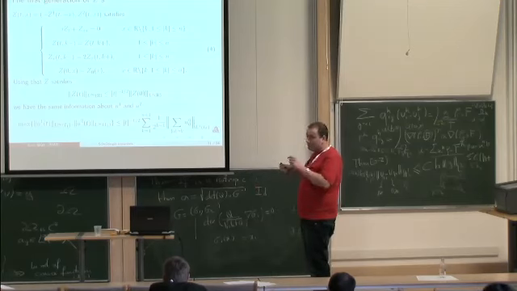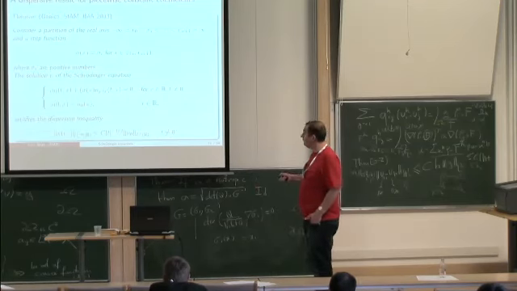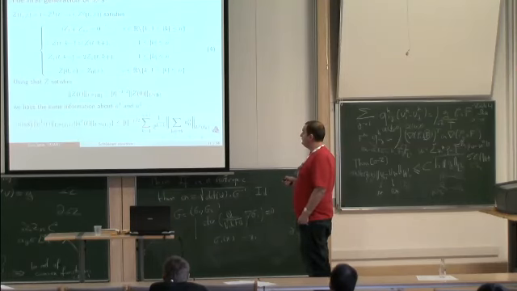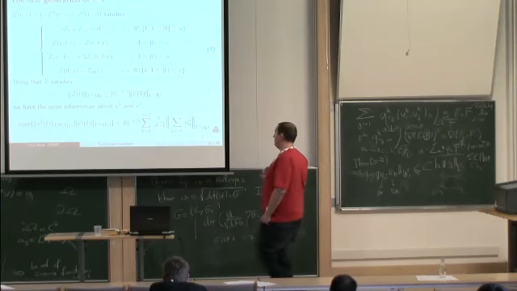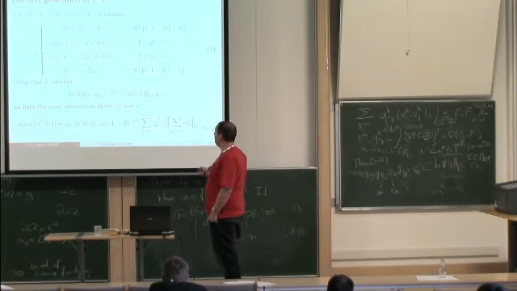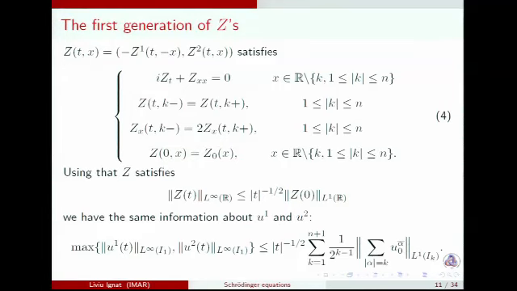And if you make some change of variables, you reduce the problem to this one here. For z, we use the previous result of Valeria, and we obtain L1 to L infinity decay. But since z is equal to u1 and u2 on the first interval, we obtain also that u1 and u2 have a decay property.